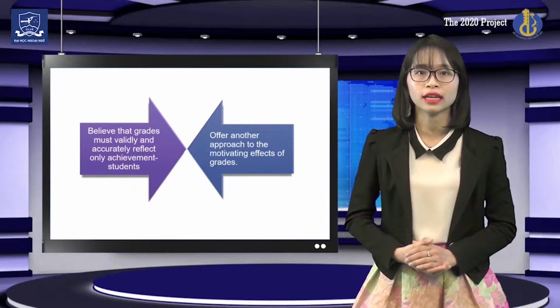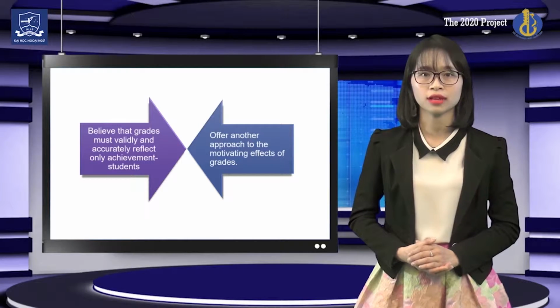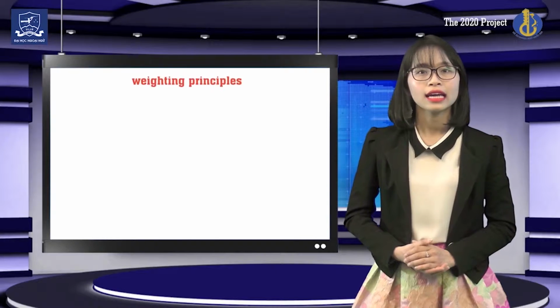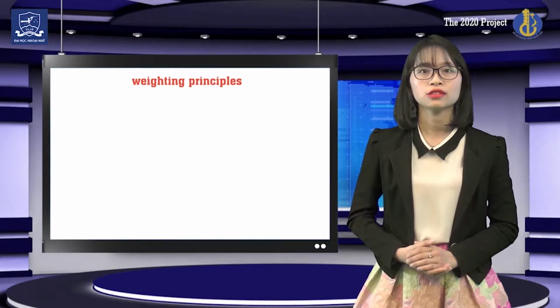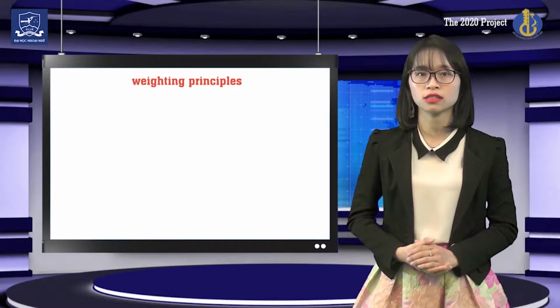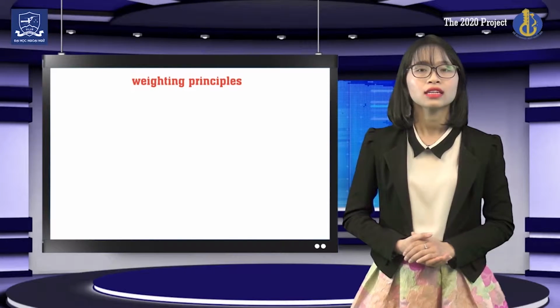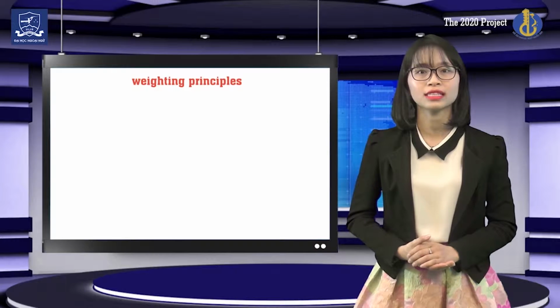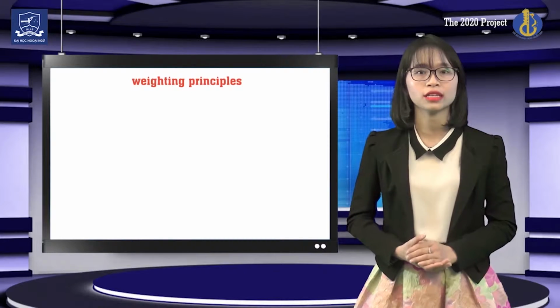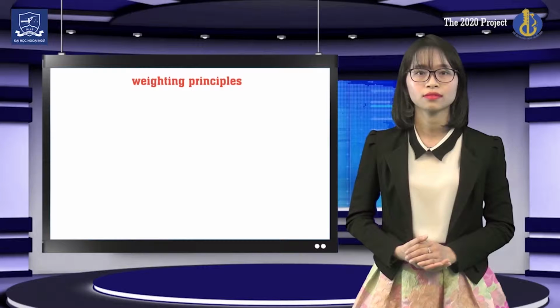Now let's move to grading, the components of a grade. It's important to note that you should not weight every achievement assessment equally when grading. Consider the following factors when deciding how much to weight each component.